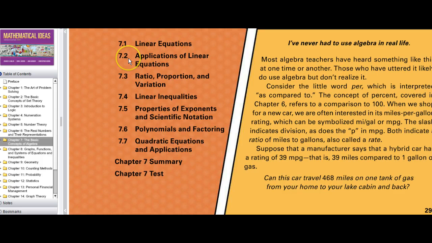And then in Topic 2, applications of linear equations, which deal with word problems. But we'll be moving on to Topic 3, and that's the only topic we cover in Chapter 7.